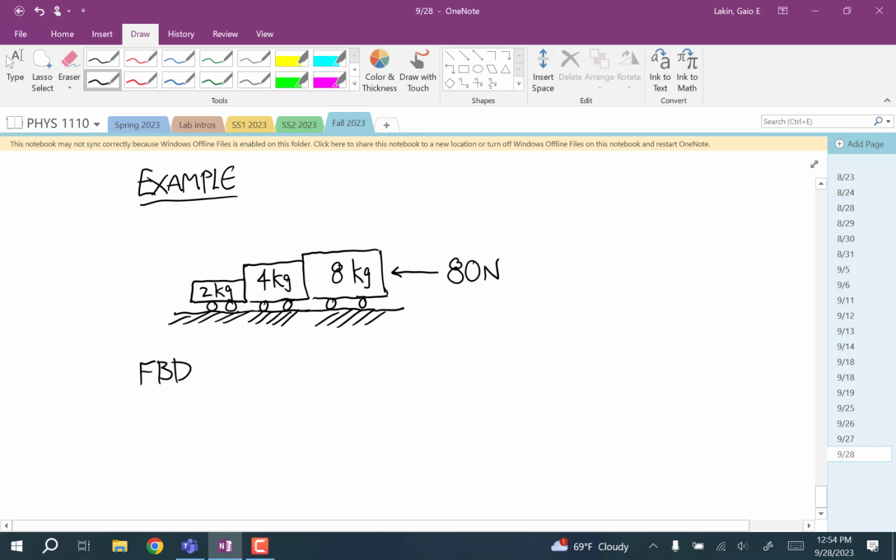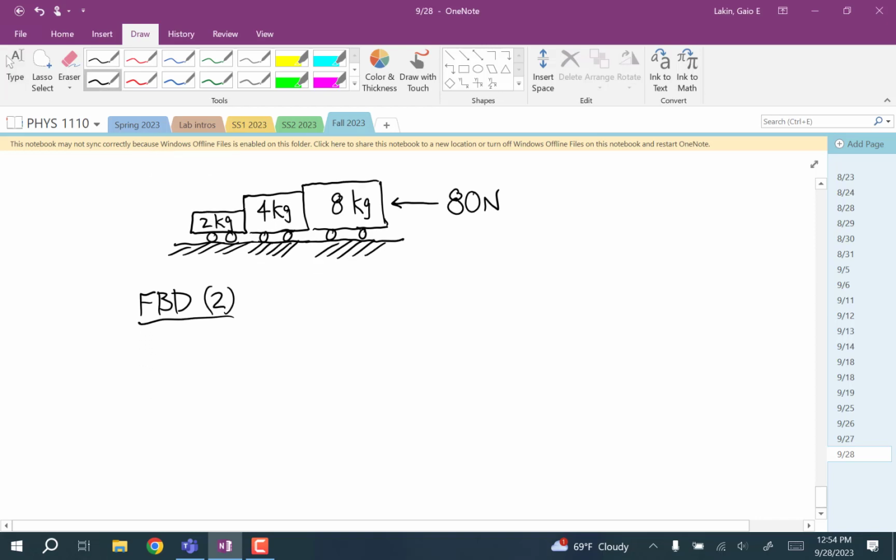So free body diagram for the 2. There's a downward force of 2 times 9.81. That's the weight. There's a pushing force up from the ground. I'll call that N2.